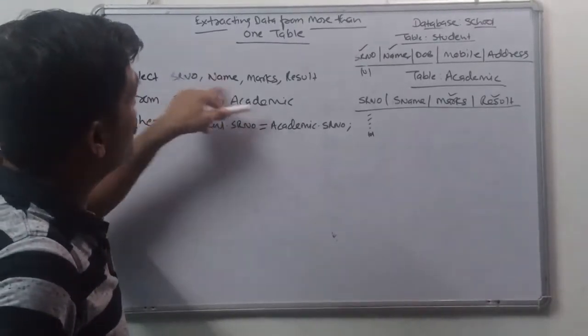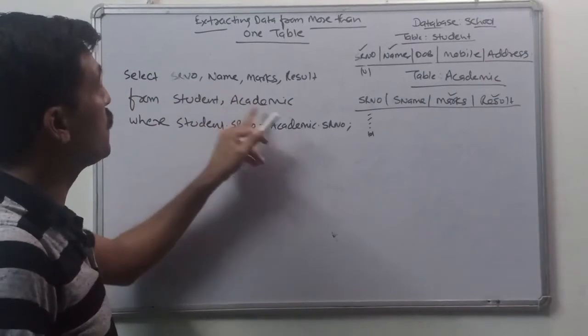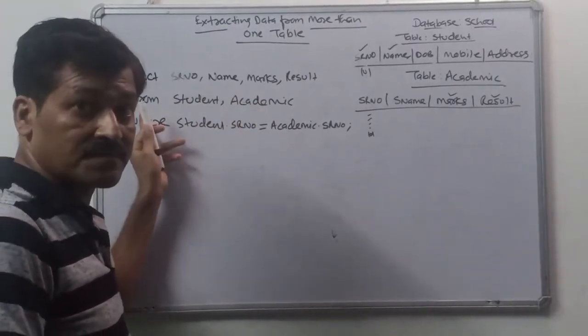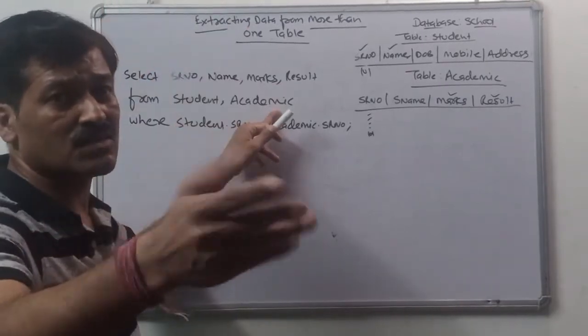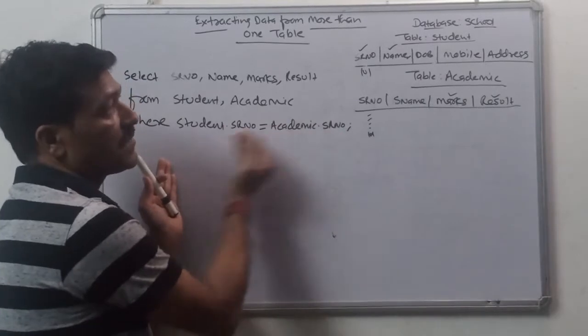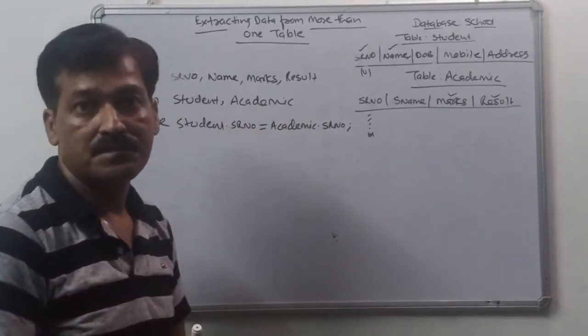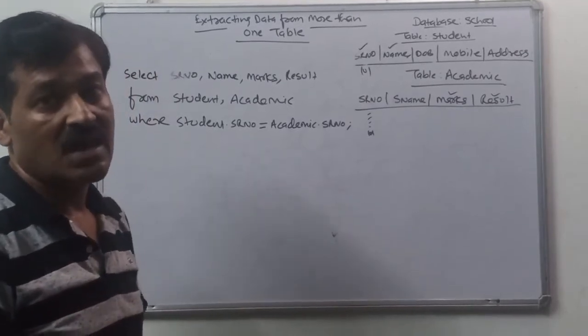So multiple columns we can take from multiple tables, but we have to show the names of both the tables in the from section. From this table, comma this table, or any other table, comma that table. And we have to match the primary key and foreign key. The data must be matched, then only it will be executed, otherwise an error occurs.